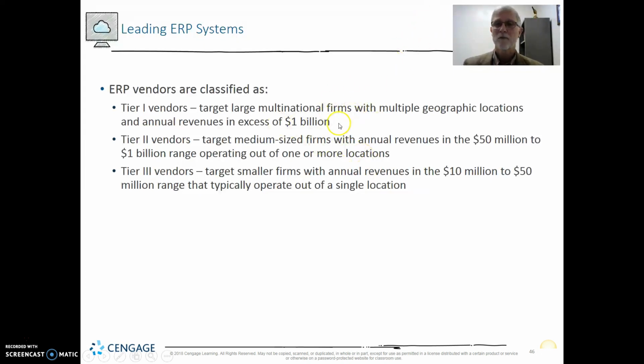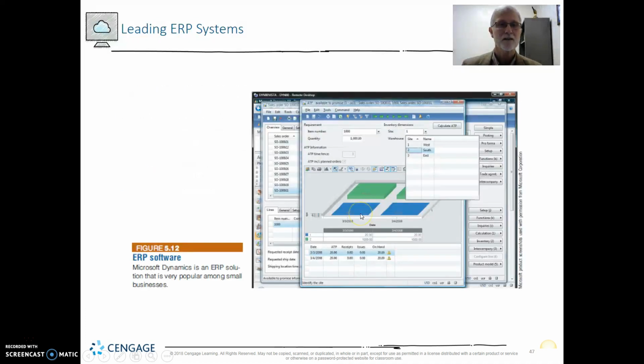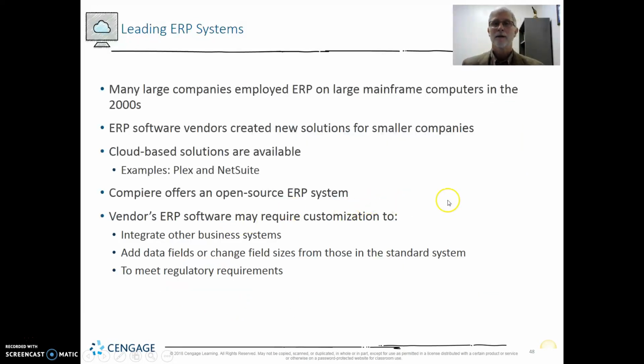Is it in excess of $1 billion, or 100 million? So your tier one vendors, SAP is probably a very large ERP system that allows vendors to handle a lot of different aspects. Here's Microsoft Dynamics, one of their leading systems. But just keep in mind, many large companies have leading ERPs.